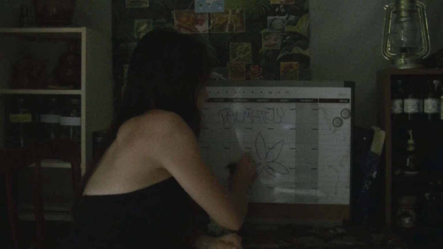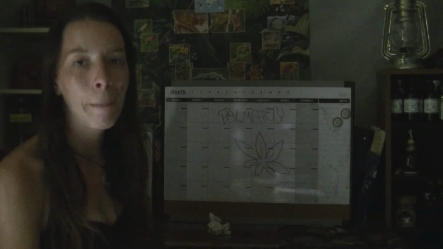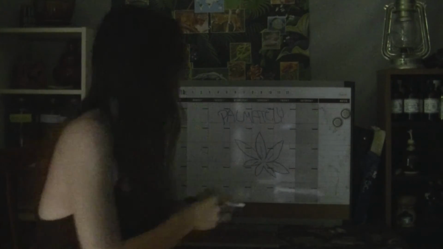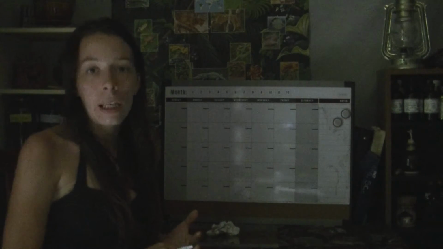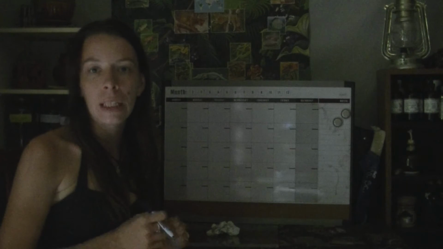Kind of like drawing a pot leaf here. Like a center base with its own veins, and it ends up kind of looking like a hand. That's called a palmately compound. So that's a pretty easy one to remember. So those are your main compounds of how leaves come together. Again, you have alternating, opposite, palmately, pinnately, and twice pinnately. Those are all the ways that your leaves are going to come together.